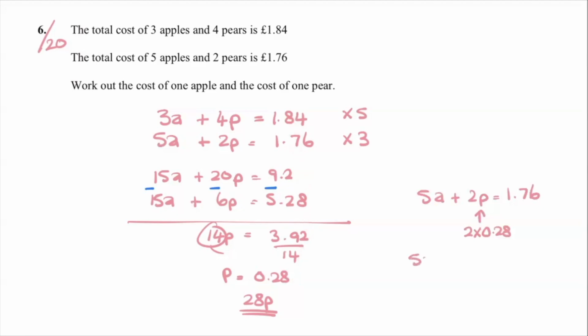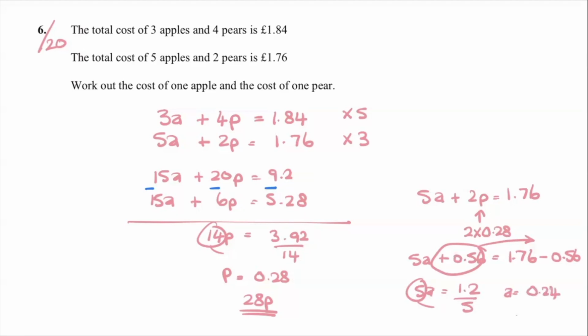So this is going to give me 5A plus 0.56 equaling £1.76. And now I will just go on and solve. I'm going to take this across. It becomes take away 0.56. So 5A is equal to 1.2. Divide through by the 5, and A is equal to 0.24 or 24 pence for the answer line.